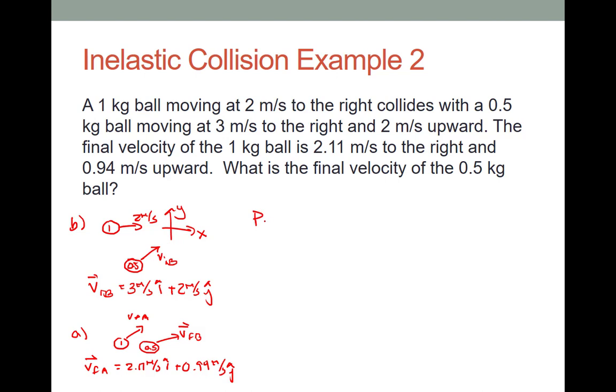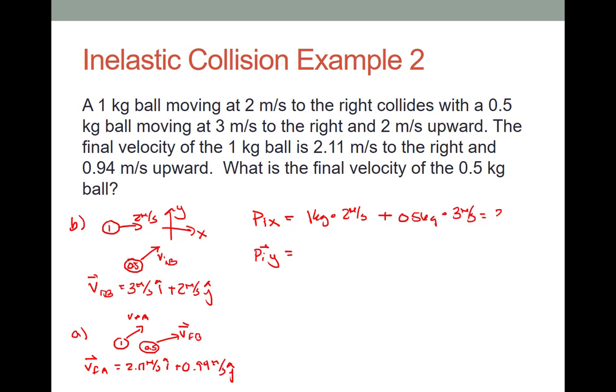Instead of looking at the initial momentum altogether, I'm going to look at the x components and the y components separate from each other. In the x direction, I have the 1 kilogram ball moving at 2 meters per second, plus I have the 0.5 kilogram ball moving at 3 meters per second.